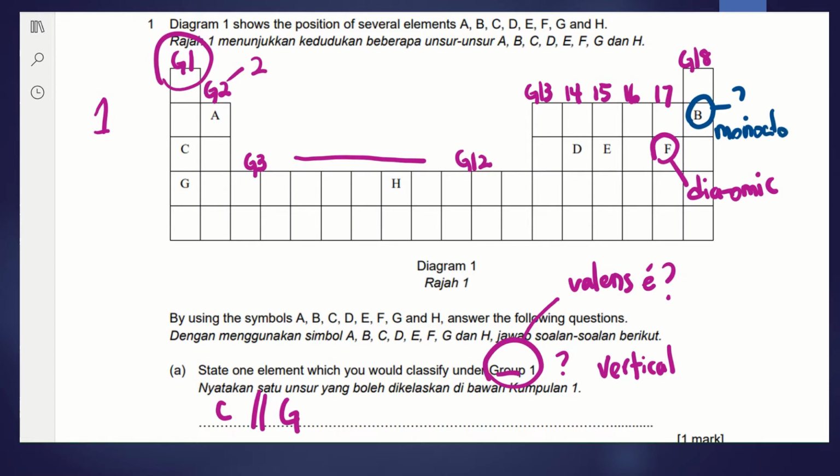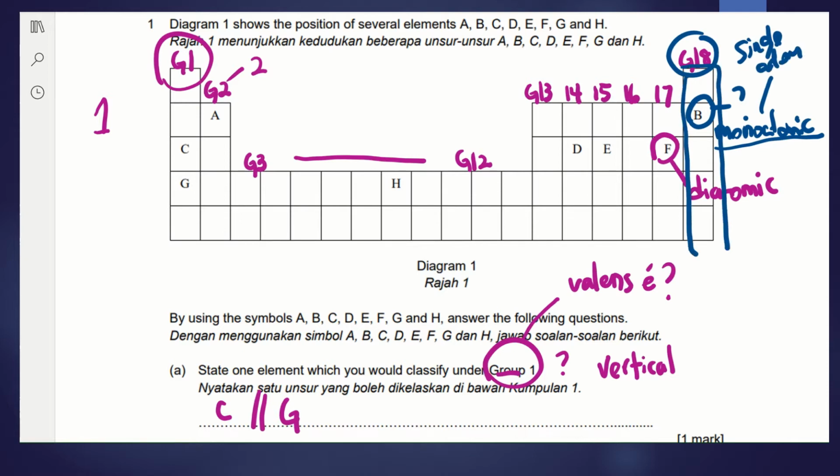How about B? B is monoatomic gas. Most of the group 18 elements exist as monoatomic gas. Monoatomic refers to a substance composed of particles with a single atom. For group 18, all of the elements exist as monoatomic because atoms of group 18 have achieved stable duplet or octet electron arrangement.